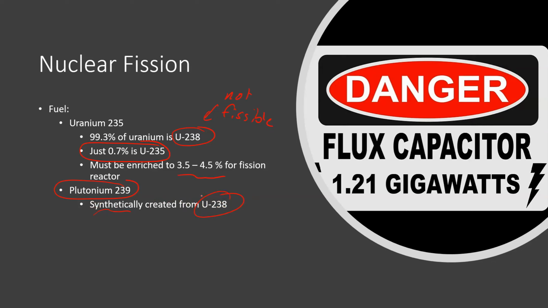In fact, it's a byproduct of uranium fission. So in using uranium-235 at 3.5 to 4.5%, we are also simultaneously creating plutonium, which could be used for fission as well, or for nuclear warheads.